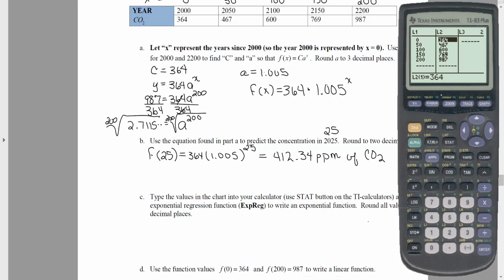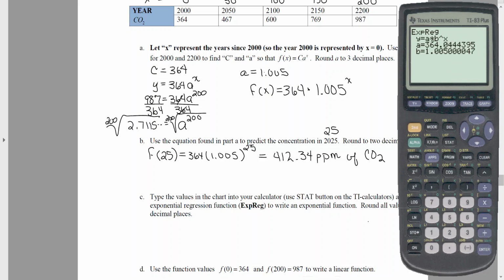So to compute my exponential function now, I'm going to go back into stat, move over to calculate, and then I'm looking for EXPREG, exponential. So we need to scroll down. There it is, exponential regression. And press enter. And press enter again.